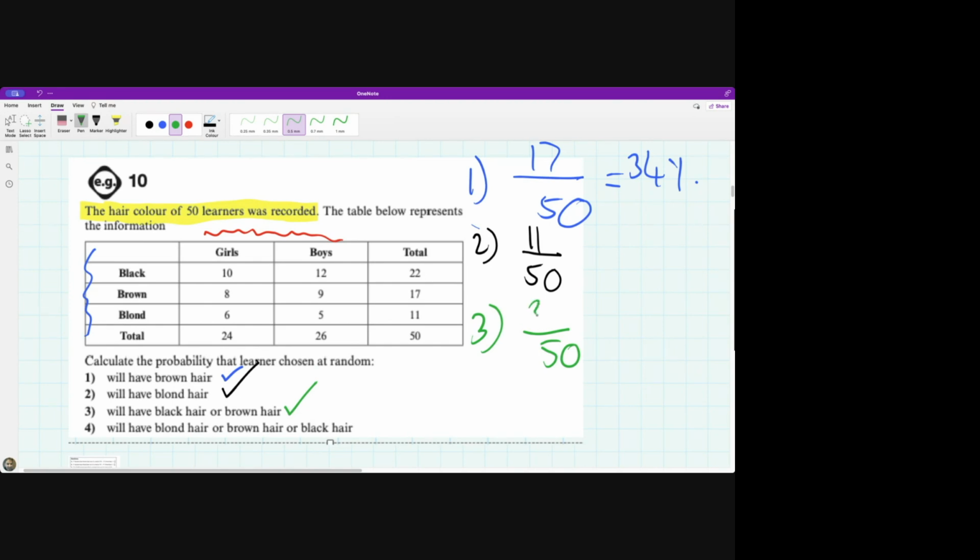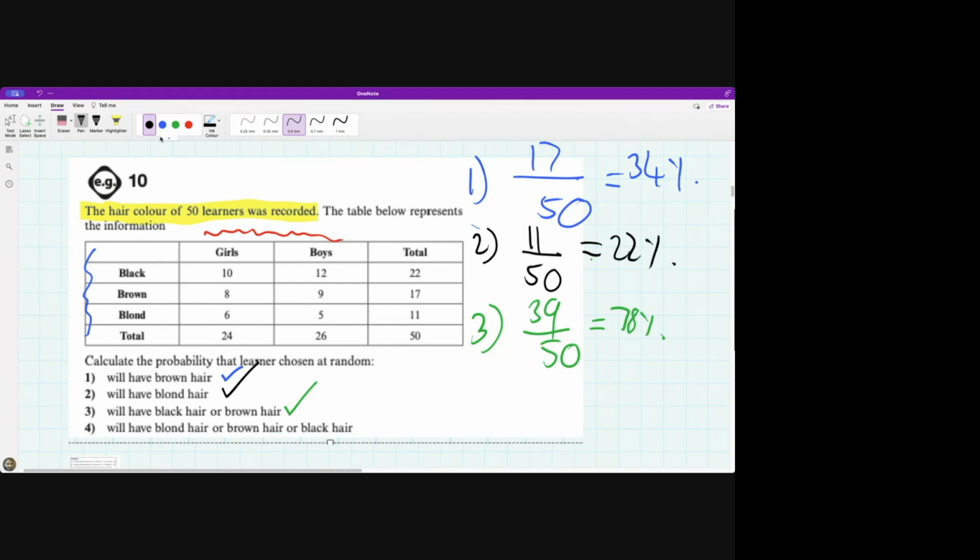So actually, it's a favorable outcome. There's a 39 out of 50 chance you will get someone with black or brown hair. So it's very likely you'll get someone with black or brown hair, or another way of saying that is someone who's not blonde. And you could also write this as 78%, or 22%. It just depends on what the question is asking for.